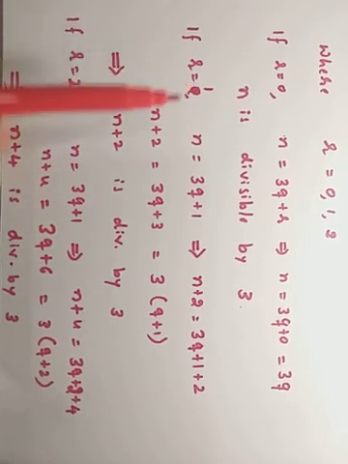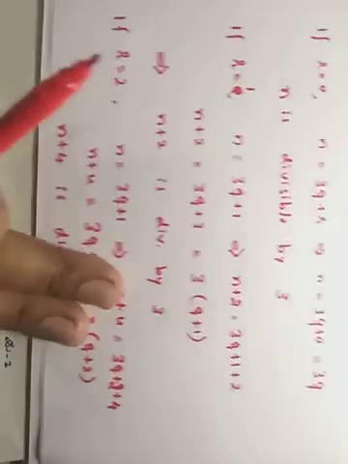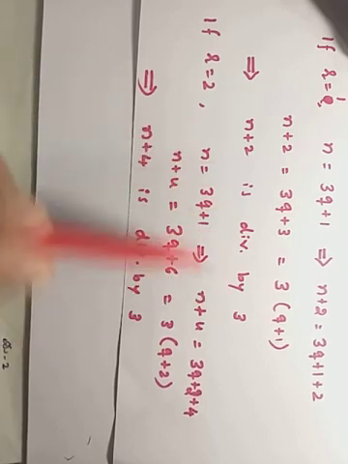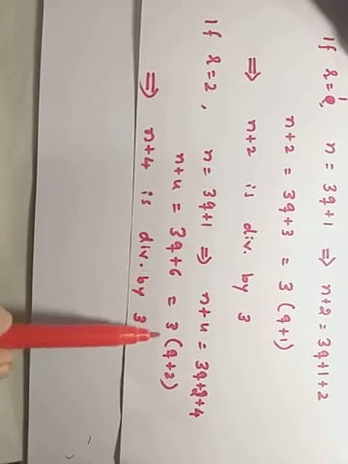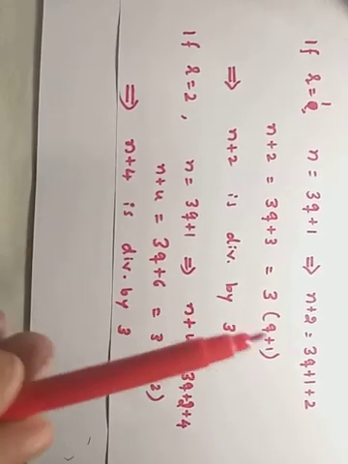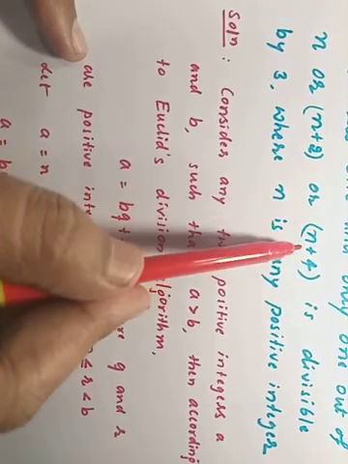If r is equal to 1, then n plus 2 is again representing a multiple of 3. And similarly, n plus 4 is divisible by 3 because it again contains 3 as a multiple. Hence it is divisible by n, or n plus 2, or n plus 4, and hence you have proved it.